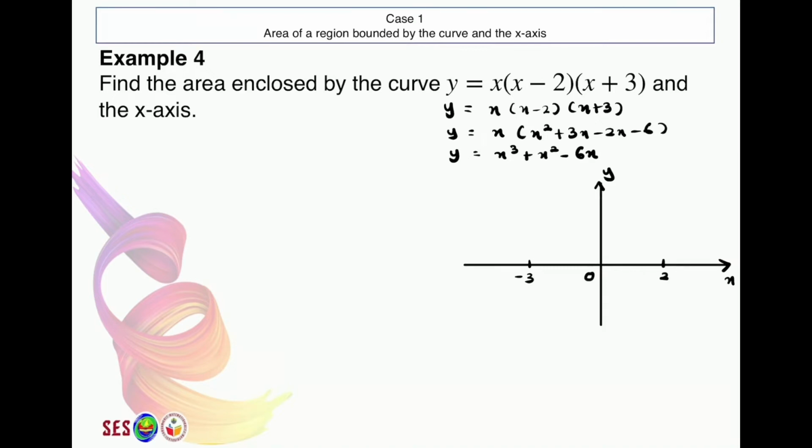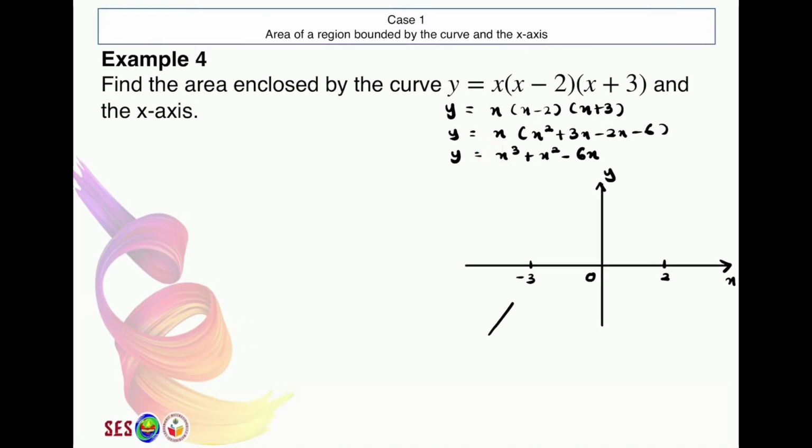So you would need to recall how to plot a cubic function. Because our coefficient of x cubed is positive, the graph increases, decreases, touches 0, and increases again. So this will be your graph.